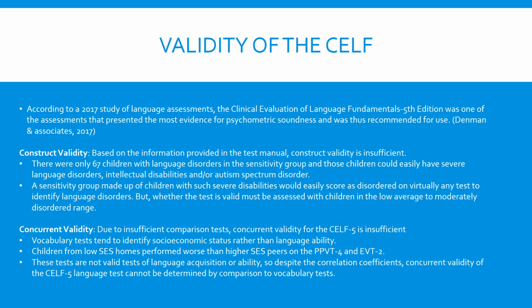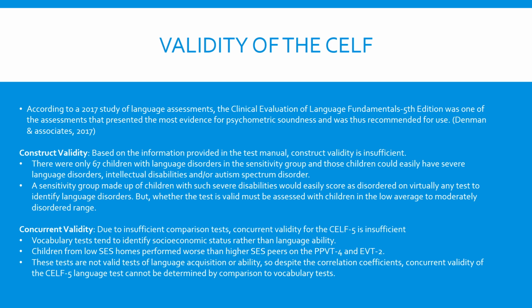There were only 67 children with language disorders in the sensitivity group, and those children could have easily had severe language disorders, intellectual disabilities, or autism spectrum disorder. So a sensitivity group made up of children with severe disabilities, it would be easy for them to score as disordered on any test to identify language disorders.